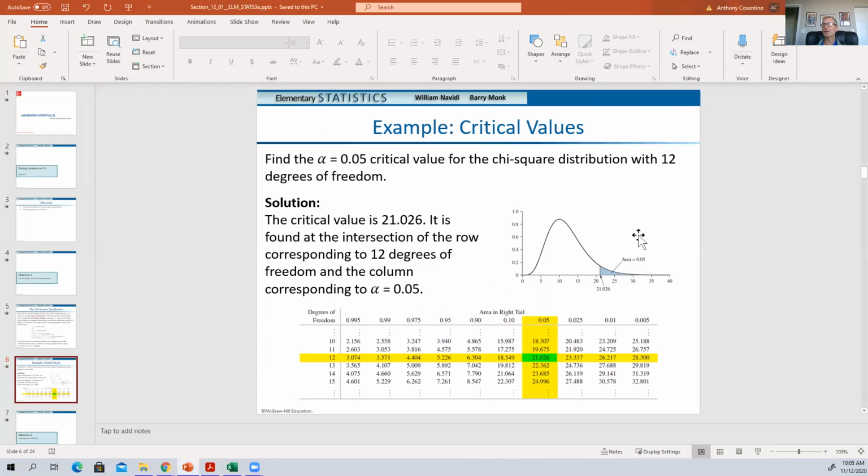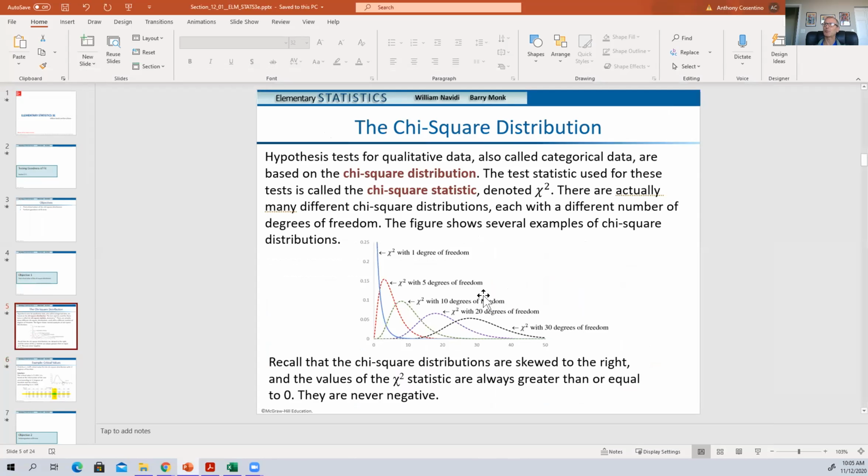When we do this, we're going to be comparing this chi-square with a new test statistic that we're actually going to calculate. Another thing about chi-square that I don't think I mentioned, but is important, is that the chi-square numbers are always positive. When we were doing t-scores and z-scores, we had negative and positive numbers. Here, the chi-square numbers are always positive.